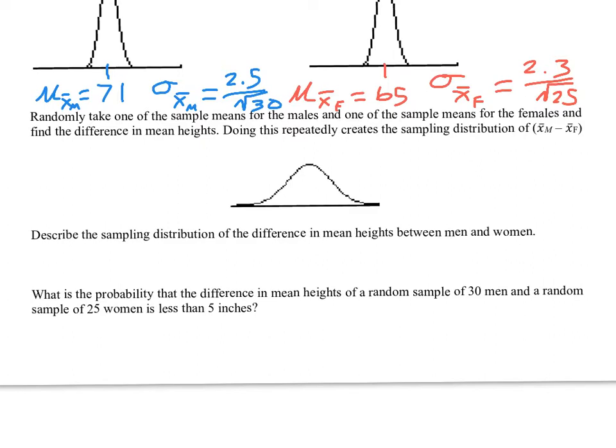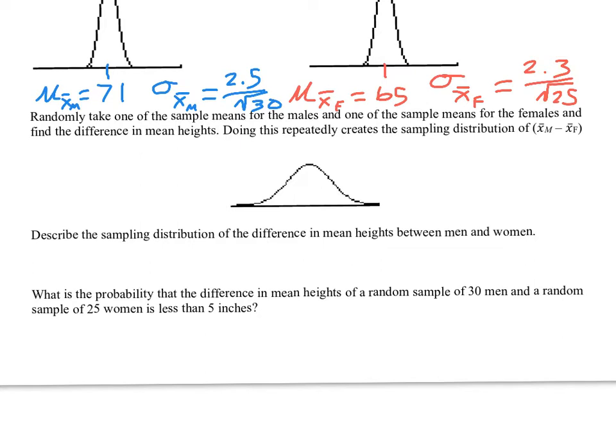If we randomly take one sample mean for the males and one sample mean for the females and find the difference, and we do this over and over, taking a new sample of the males and a new sample of the females each time and finding the difference of those X bars, we'll have the sampling distribution for X bar men minus X bar females.